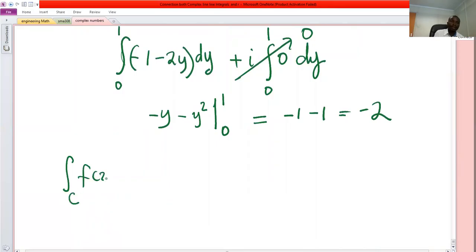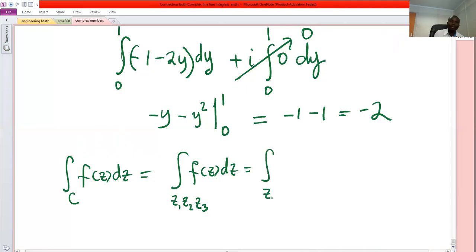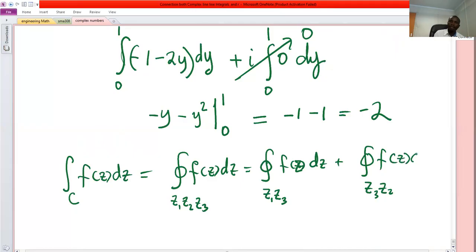So therefore, the whole integral through the broken line z1, z2, z3 of f of z dz is given by the integral from z1 to z3 plus the integral from z3 to z2 of f of z dz.